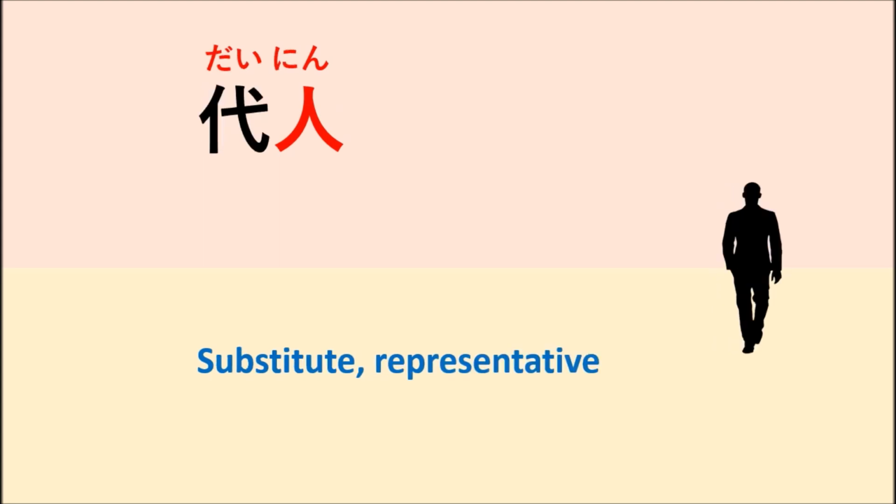Daijin. Daijin means substitute or representative. Here the kanji of dai means represent. It means substitute, or that you change to represent something. So when you put it with the people, that means a representative or substitute of the person.